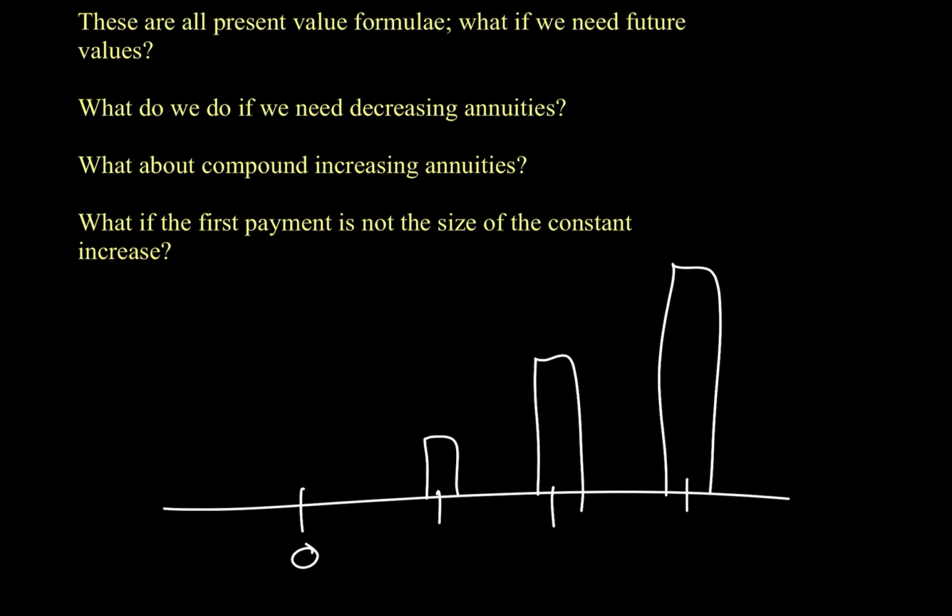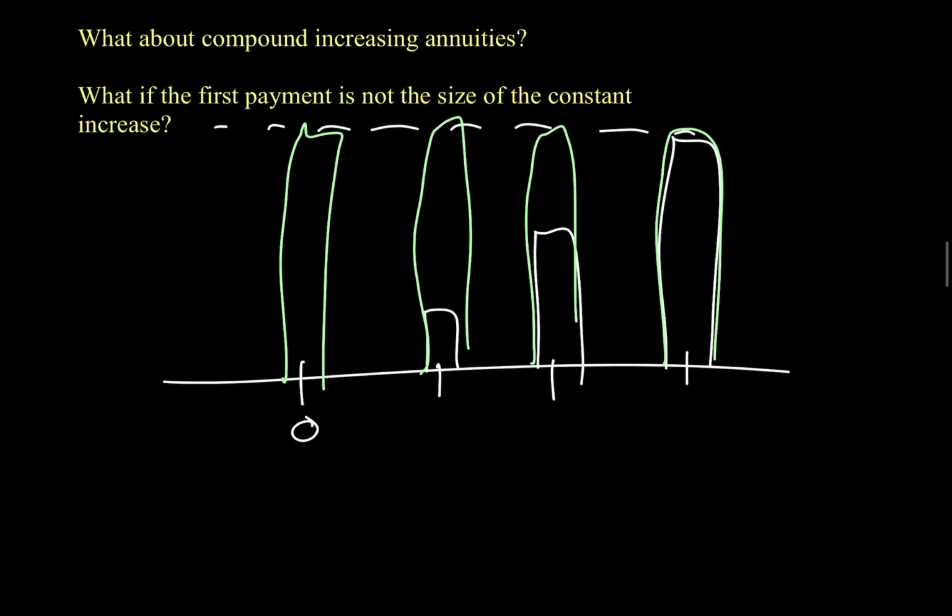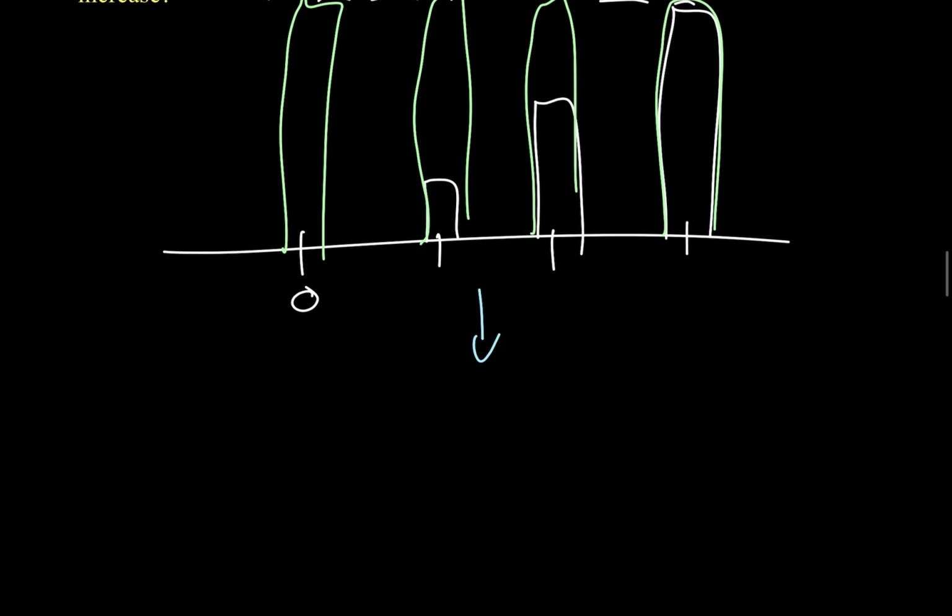So what you'll notice here is that the difference between a level annuity at that point, if we subtract this increasing annuity, we'll actually end up with a decreasing annuity. So what I mean is, a level annuity would have payments like this. And if we subtracted the two from each other, what we'd end up with is this payment. We subtract this level annuity.